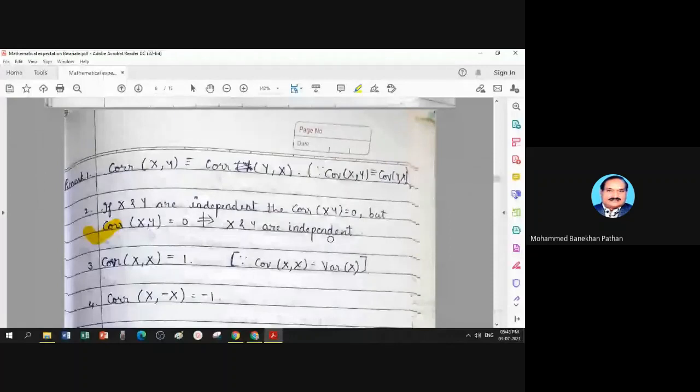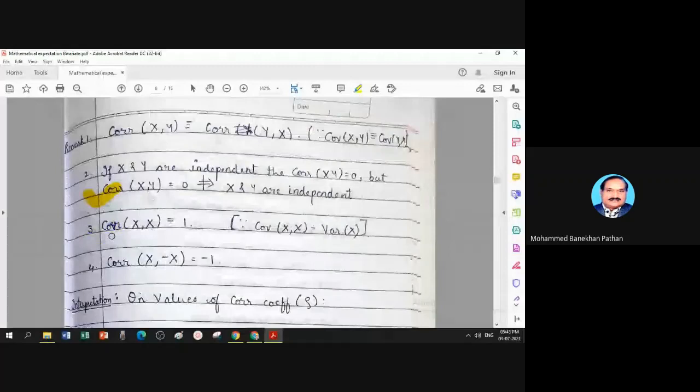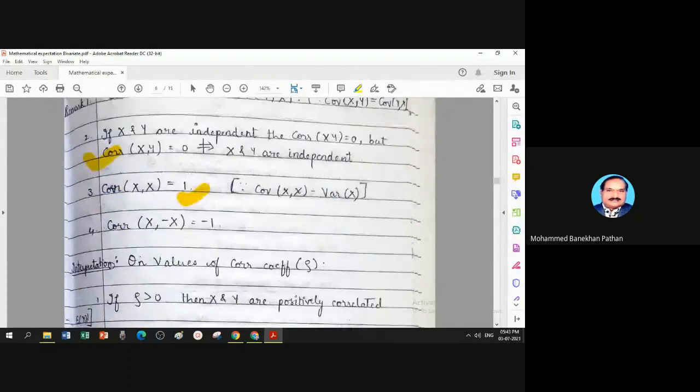Third remark, correlation of a variable with itself is a perfect relation. The answer is always 1. Remark number 4, correlation of x with the opposite of x, that is minus x, a perfect opposite variable under study, the correlation coefficient is -1.